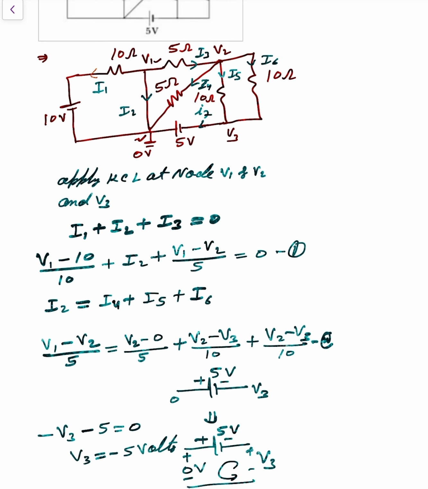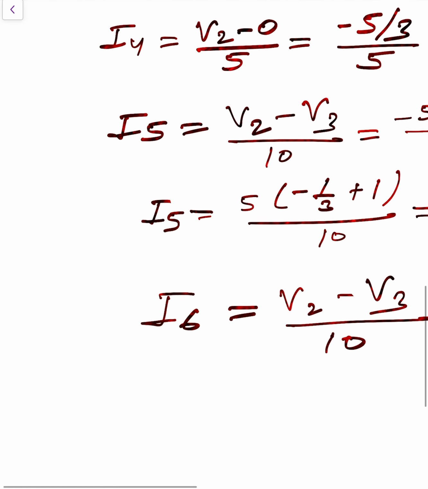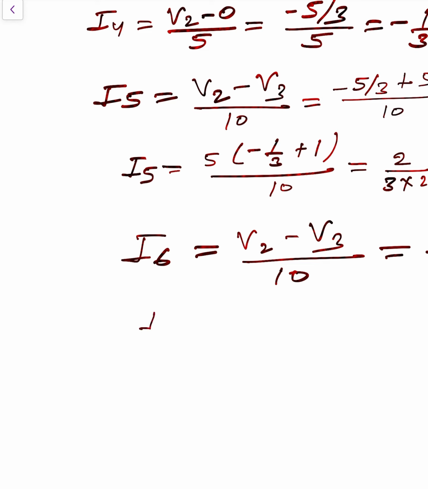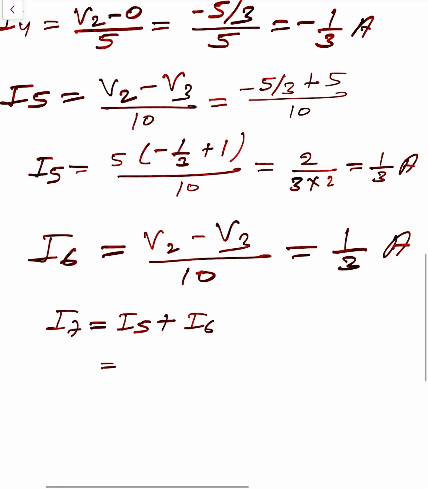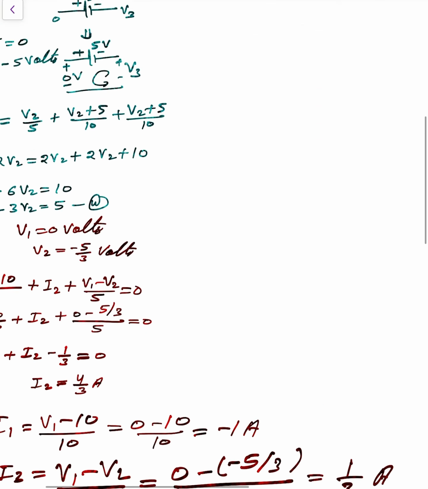I7 is basically I5 plus I6. I5 and I6 are same, so put 1 by 3 plus 1 by 3, that is finally 2 by 3 ampere. Clear or not? I7 is like that one.